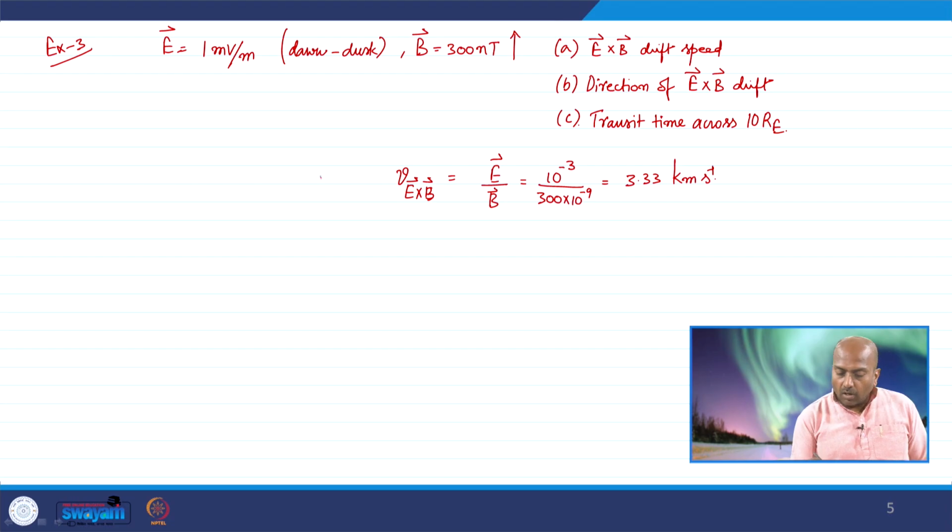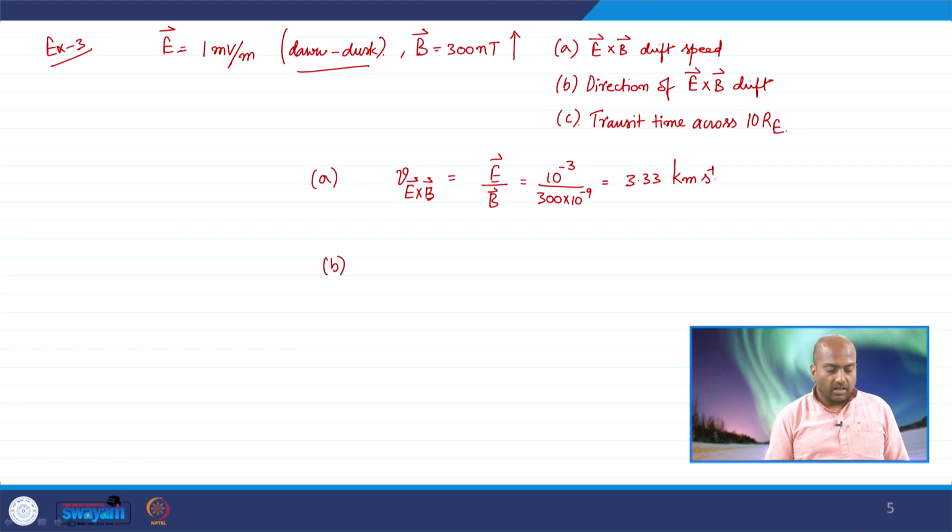Now, let us talk about the direction. This is important. Let us fix a coordinate system. Let us say we have dawn and dusk electric field. We indicate the electric field in the positive y direction in GSM coordinates, and the magnetic field is told to be in the northward direction, so we can say it is in the z cap direction.